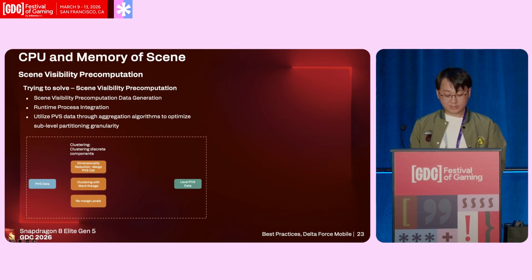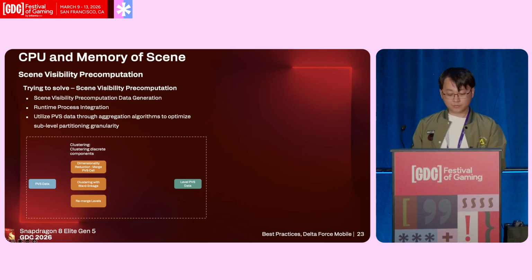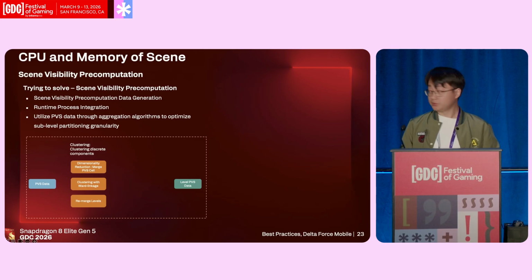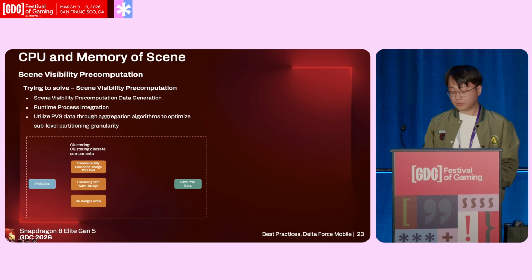And third, based on this class grouping, we can consider one group as components with similar visibility. And then, combining with our original spatial region division, we create a new sublevel.